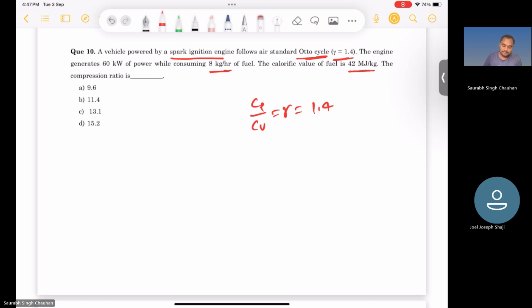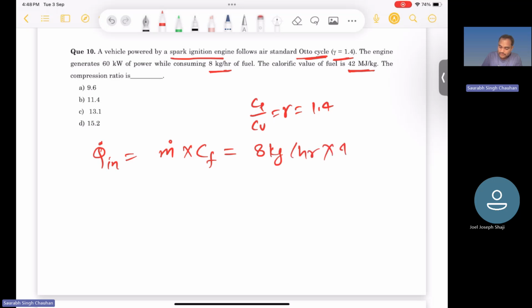Using the fuel consumption rate and the calorific value of fuel, you can find the energy input, the chemical energy input you are providing to the engine. Let us write it as Q in. It will be equal to mass flow rate into the calorific value of the fuel. So it is 8 kilogram per hour multiplied by 42 megajoule per kg.